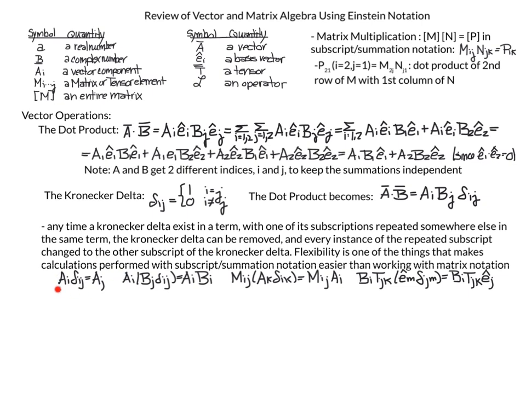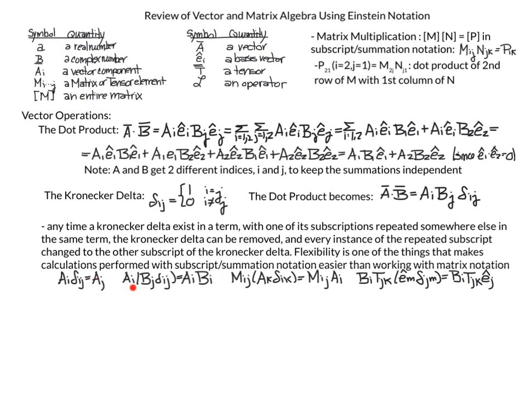So for example, here we have a sub i, this delta ij. We see that one of the subscripts is repeated, that's the i. So the Kronecker delta can be removed, and every instance of the repeated subscript, that's i, is changed to the other subscript of the Kronecker delta, so this i is changed to j. So a sub i delta ij is equal to a sub j.